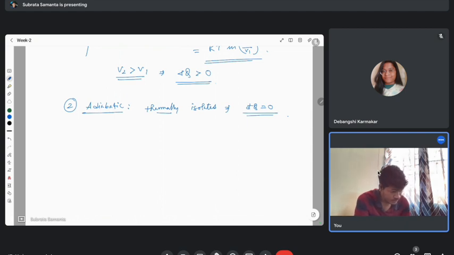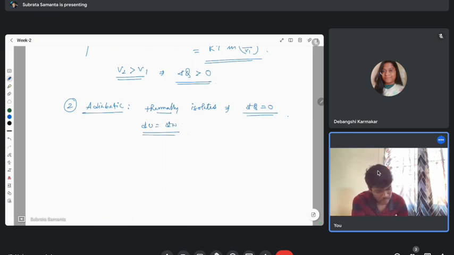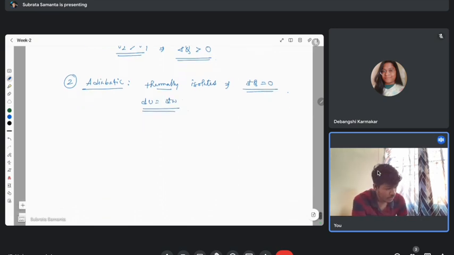Then the first law of thermodynamics tells us that dU equals dW. Now we calculate this for an ideal gas. So we put dU as CV dT, and dW is minus PdV.